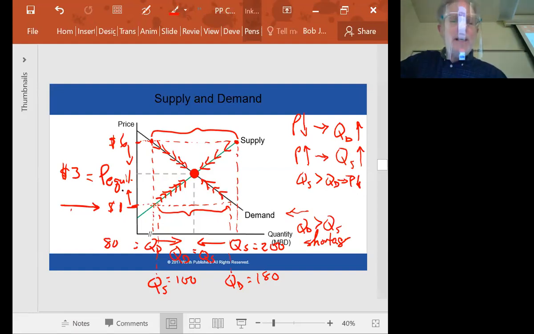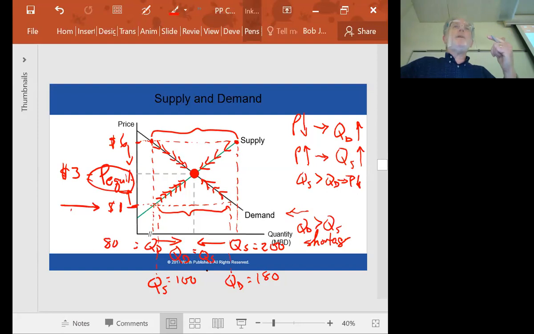This process continues until we get to the equilibrium, which is here, where the quantity supplied and the quantity demanded are exactly equal. This is what supply and demand analysis is all about.